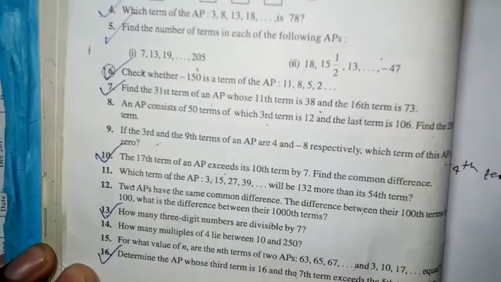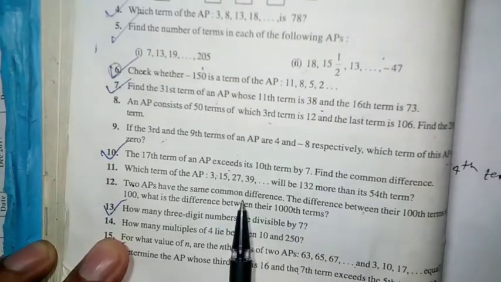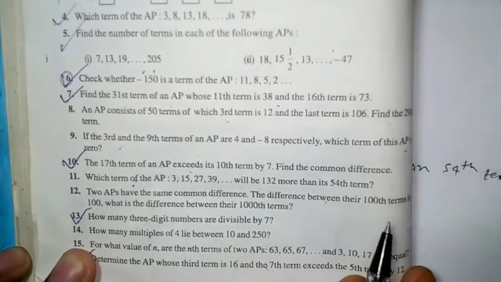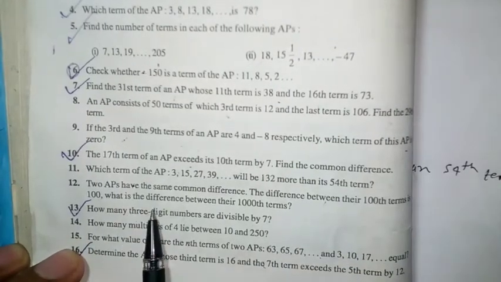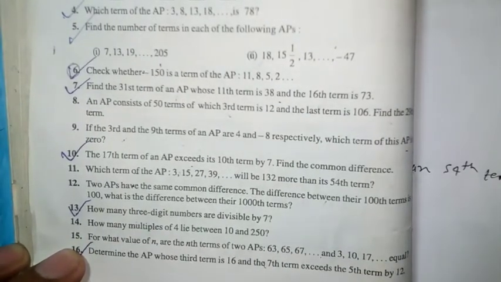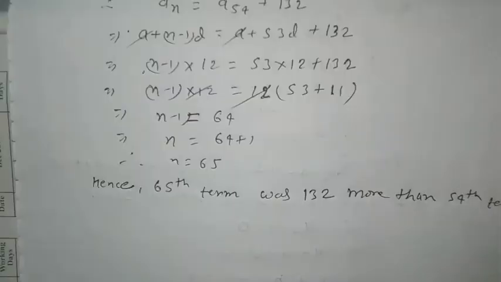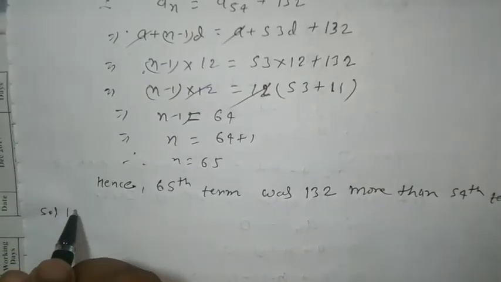Two APs have the same common difference. The difference between their 100th terms is 100. What is the difference between their 1000th terms? Solution 12.